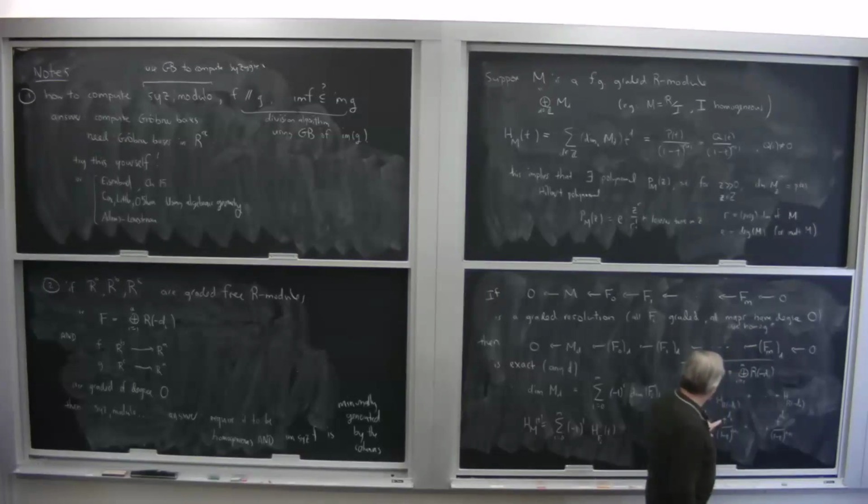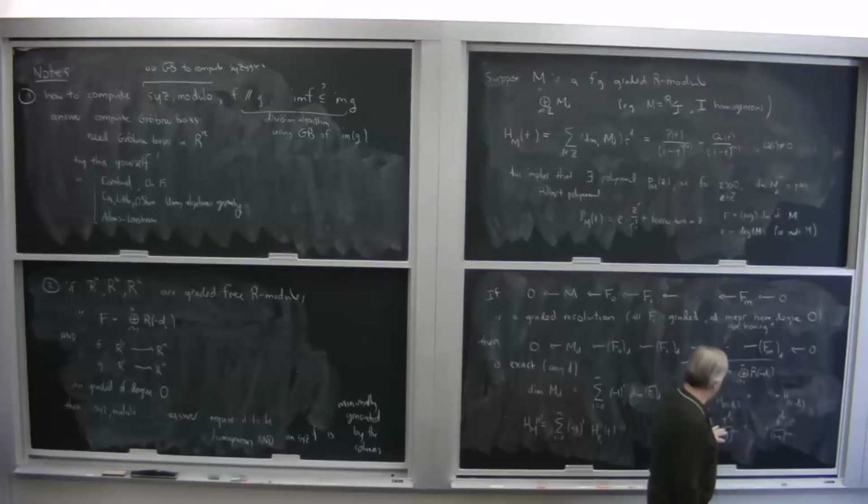And then what about the exponents of the denominators below that? Okay, so when you shift it, this t to the d1 is just shifting over the whole thing. Because the Hilbert series of R is 1 over 1 minus t to the n plus 1, these are all 1 minus t to the quantity n plus 1. So they're all the same.